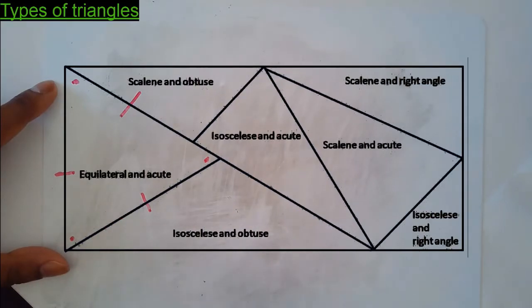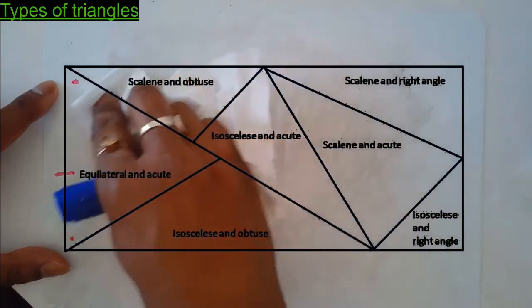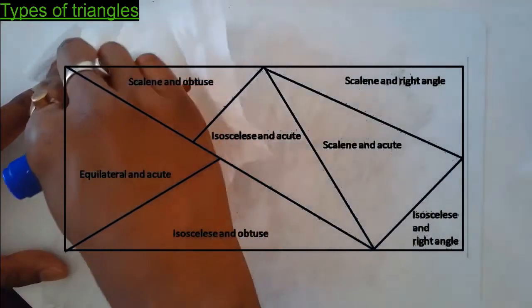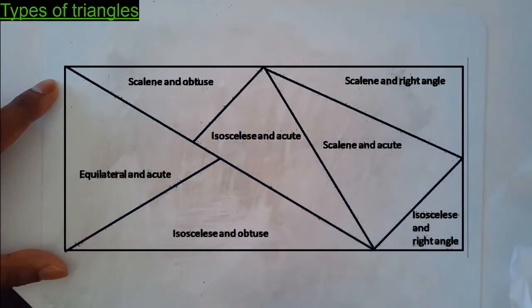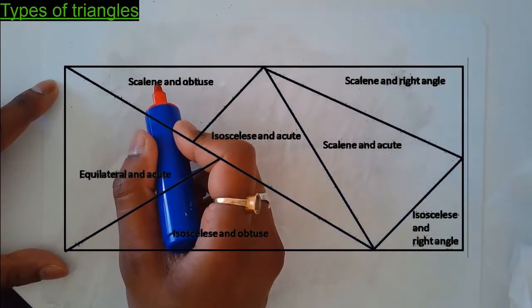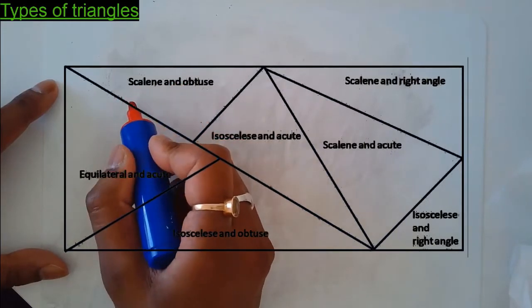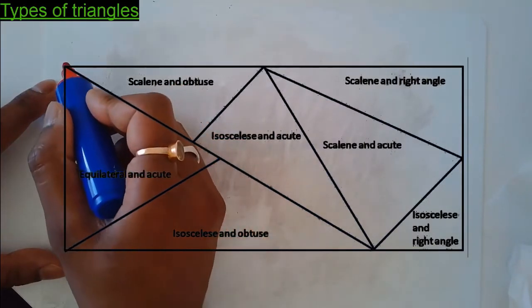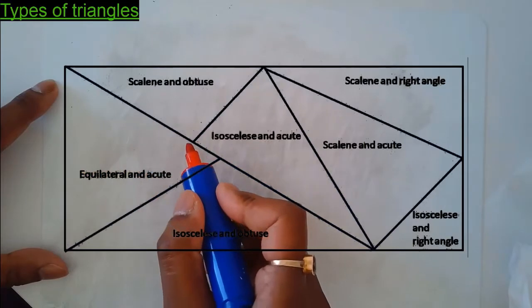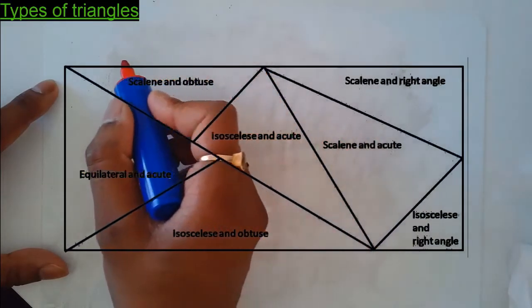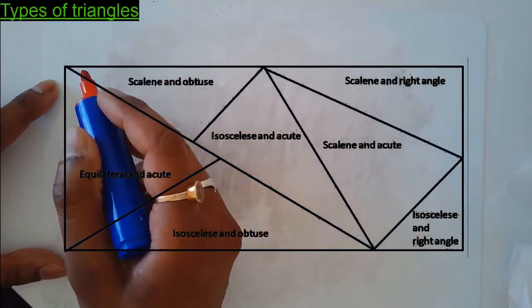Let's have a look at another one now. Let's have a look at this one, scalene and obtuse. It's scalene because all three sides are of different sizes.